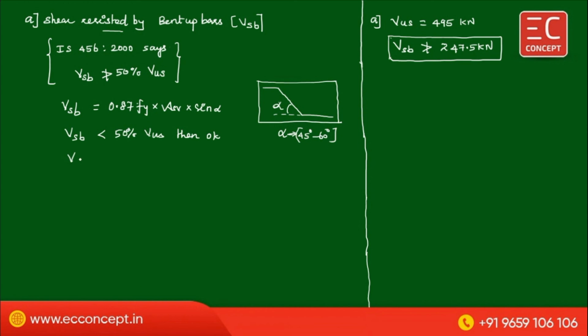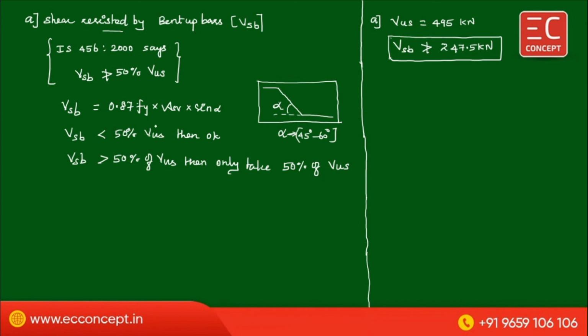Suppose your calculated VSB is greater than 50% of VUS, meaning the capacity of bent up bars is more than 247.5, for example 300. Then you shouldn't take the 300, you have to take only 247.5. That is what the code says. Then only take 50% of VUS.